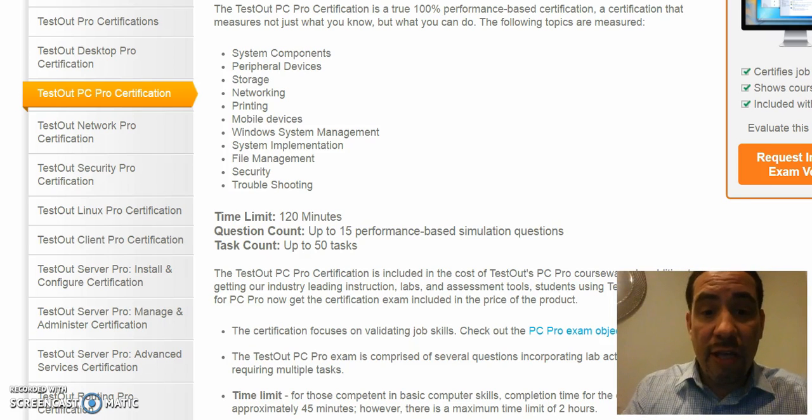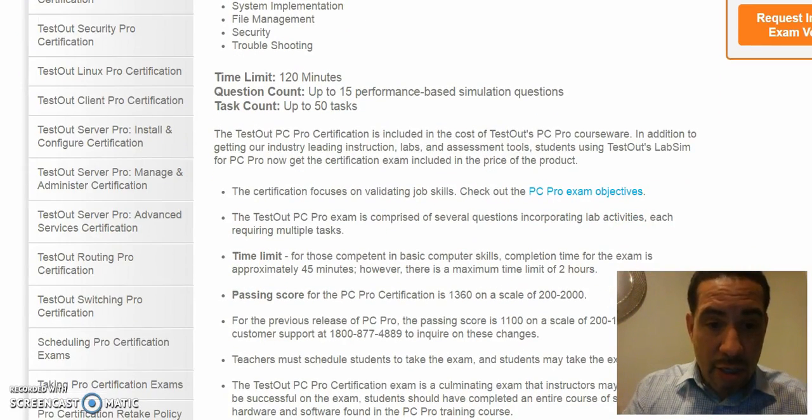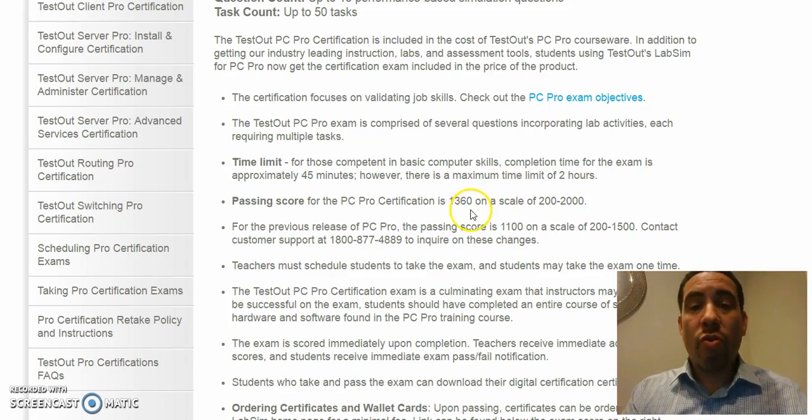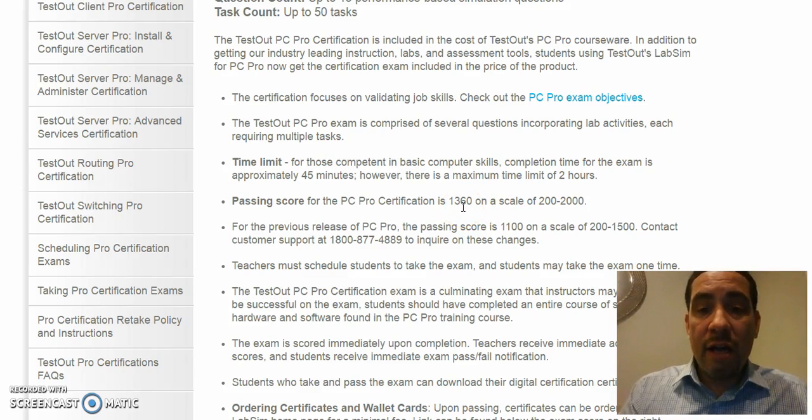So as you can see, it's quite involved, quite detailed. And like I mentioned earlier, the maximum time limit looks like 2 hours. All right, so definitely be mindful of that. Passing score is 1360 on a scale of 2000.